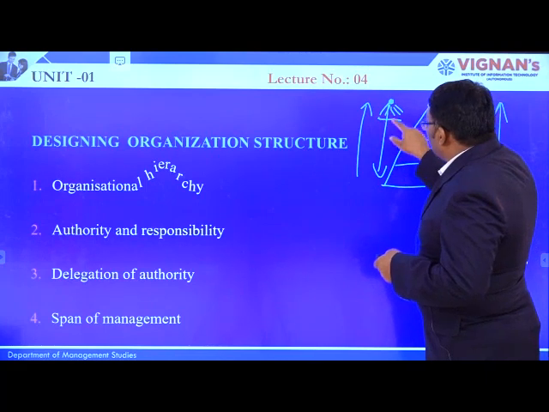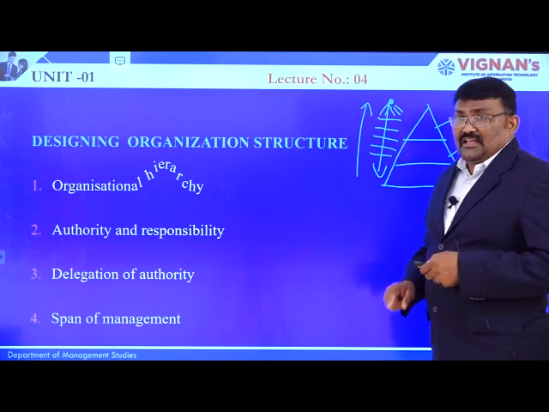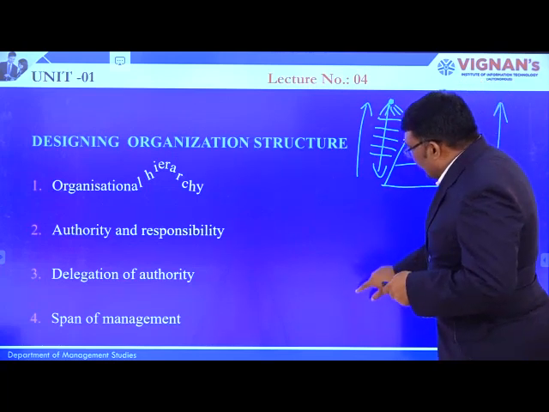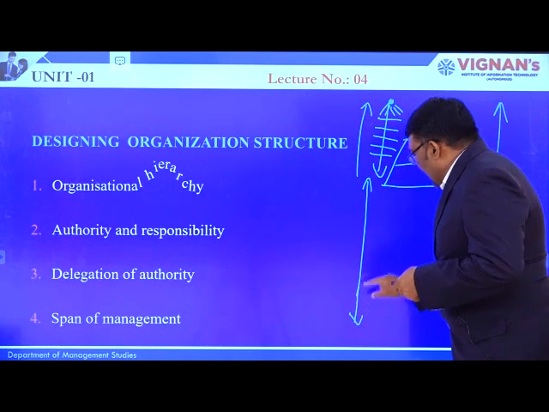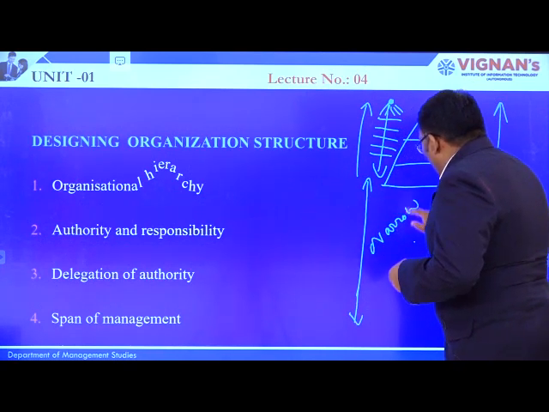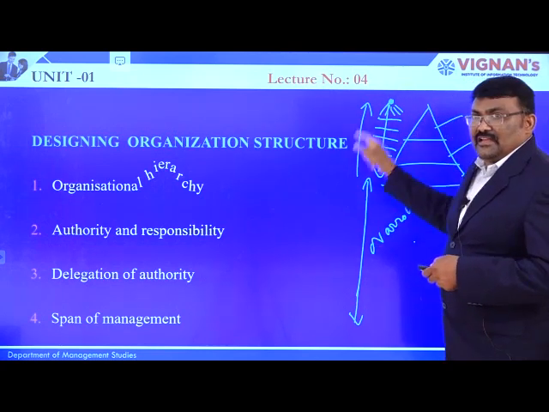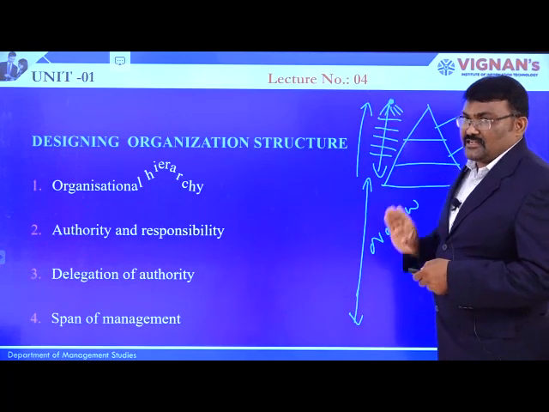Now, the more the number of layers, the narrower the structure will become. It will be a very narrow structure, which means the hierarchy will be more vertical in structure.